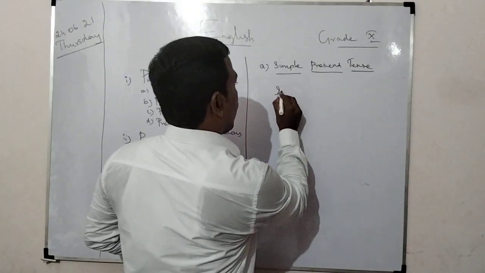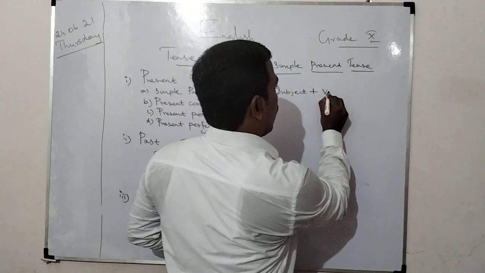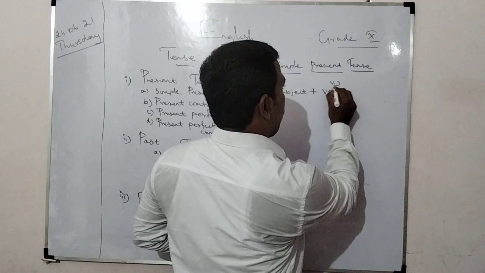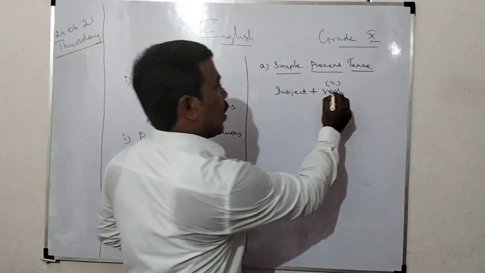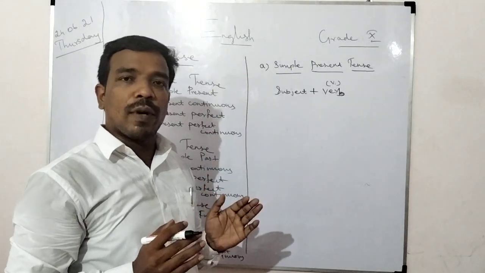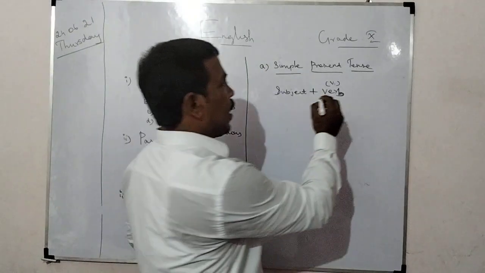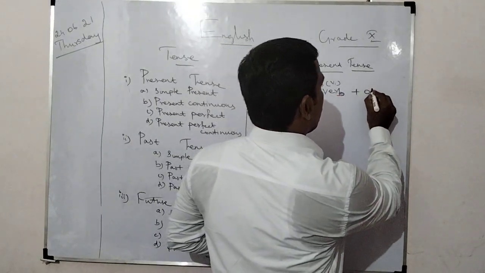The structure is like this. For a statement: subject plus verb, and the verb should be base form. V1 means base form of verb, V2 means past form of verb, V3 means past participle form of verb. So: subject, base form of verb plus object.